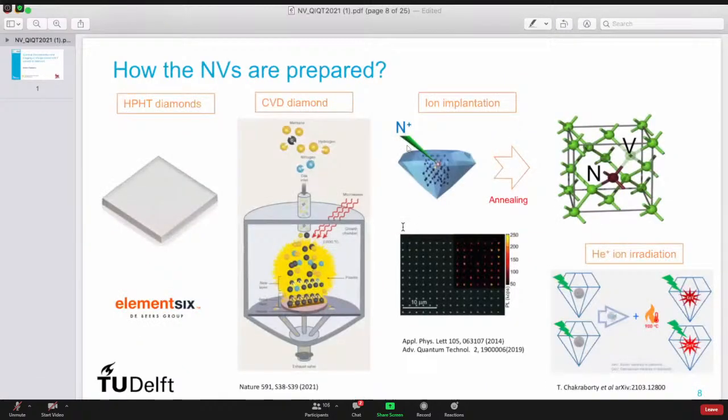Okay, so now how are the NV centers prepared? First of all, to prepare an NV center, one needs to prepare the diamond. And when the diamonds are prepared, there are some ways to incorporate or create NV centers in them.